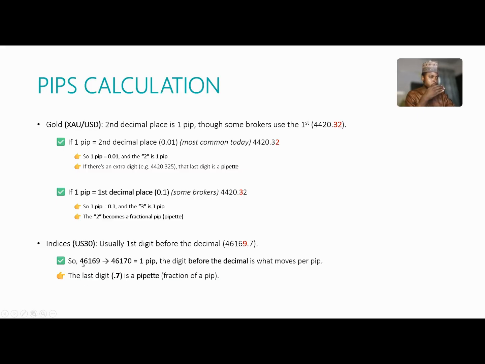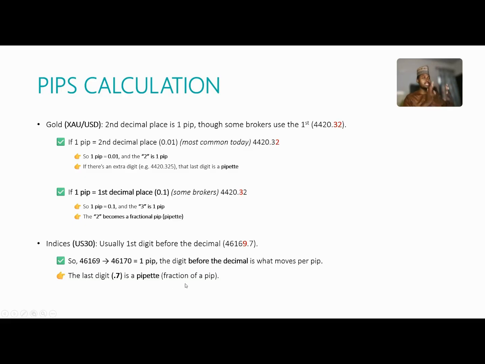As you can see, this number is 69, and when it changed to 70, that means the change is 1 pip. The digit before the decimal is what moves per pip. So the last digit, 0.7, is the pipet, the fractional part of a pip.